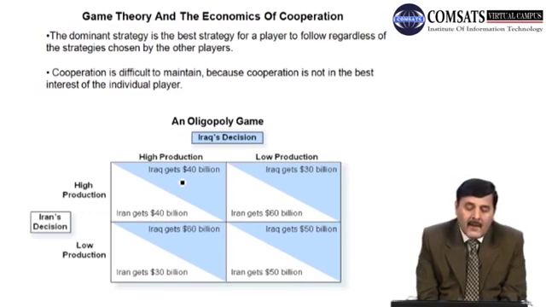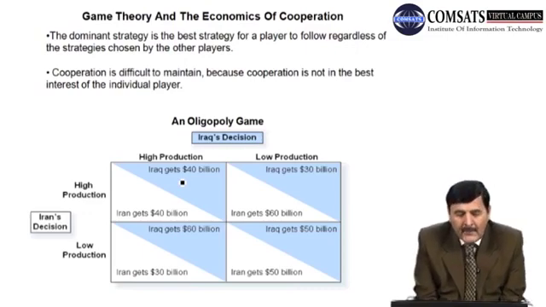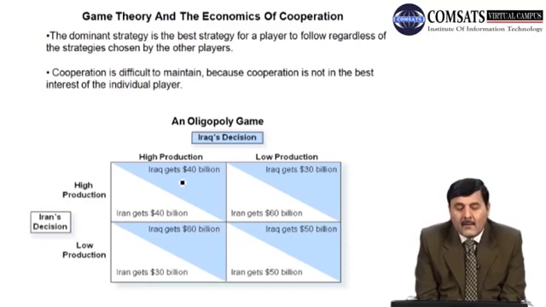Similarly, if we look at Iran's decisions regarding low and high production, again the best for Iran is to produce at a high level, because Iran will get 40 billion in revenues or returns in this case. Now, how can they be better off? Both of the countries can be better off while cooperating with each other.